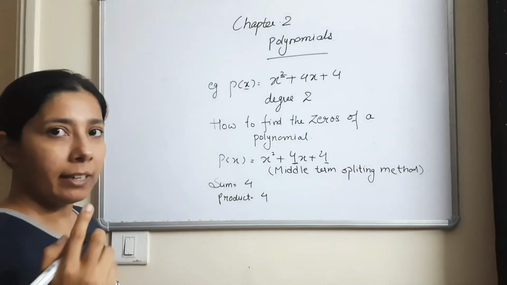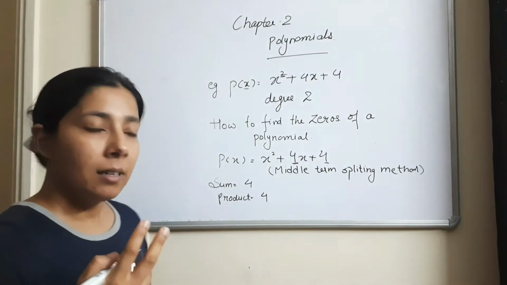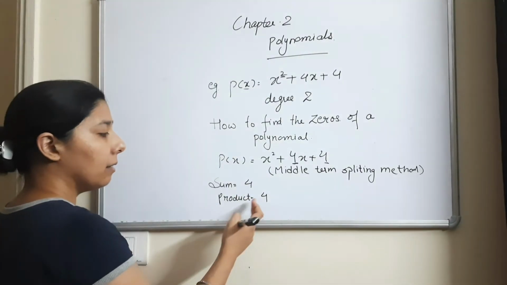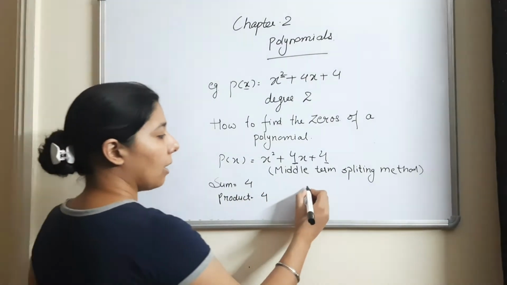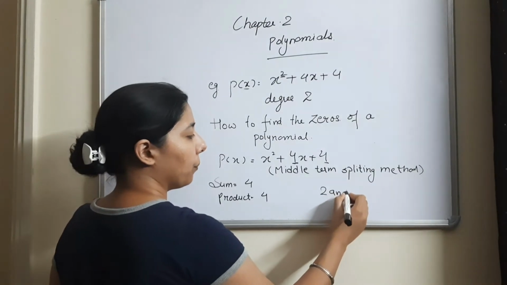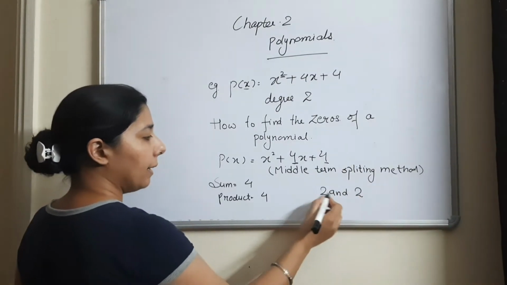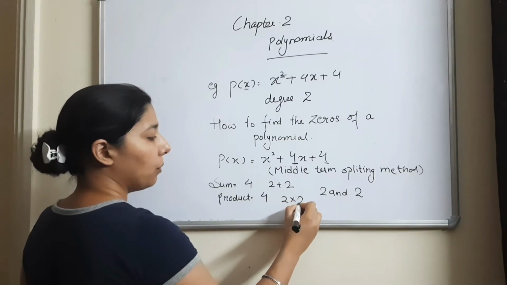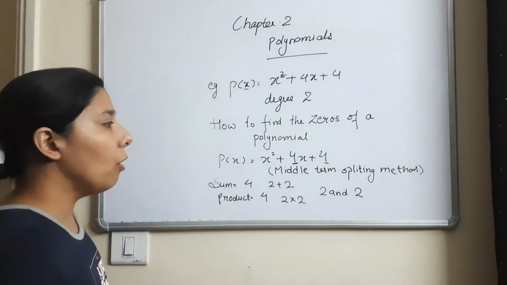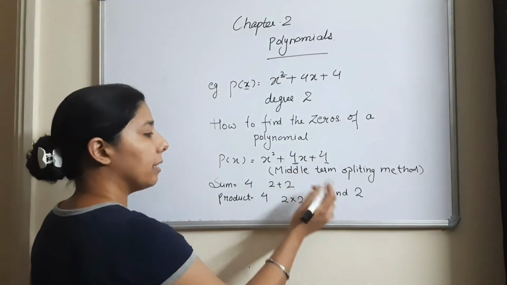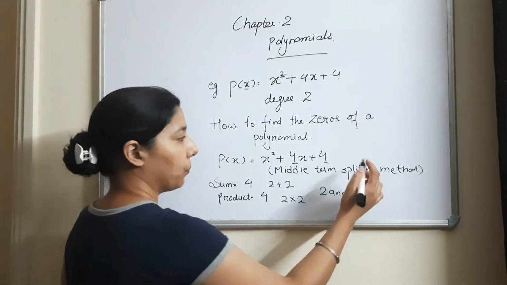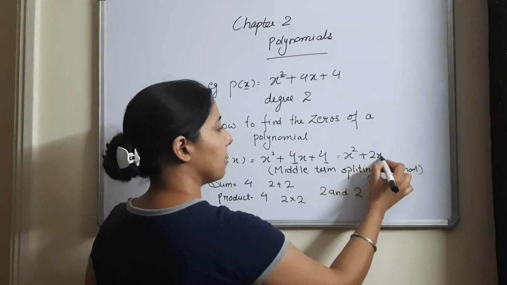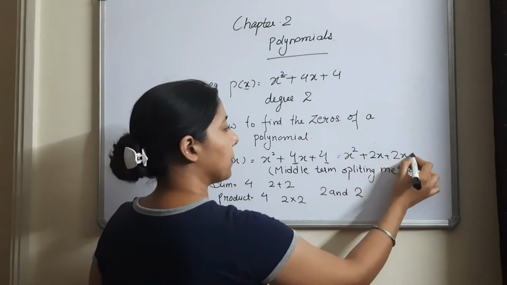Think about any two numbers on adding which we get 4 and on multiplying we get 4 again. The numbers are 2 and 2, because 2 plus 2 is 4 and 2 times 2 is 4. So now we will split the middle term in terms of 2 and 2. Let's write it as x square plus 2x plus 2x plus 4.